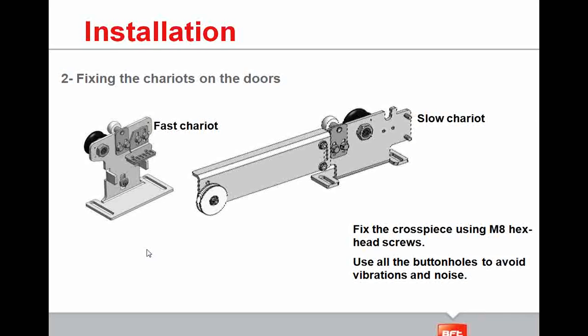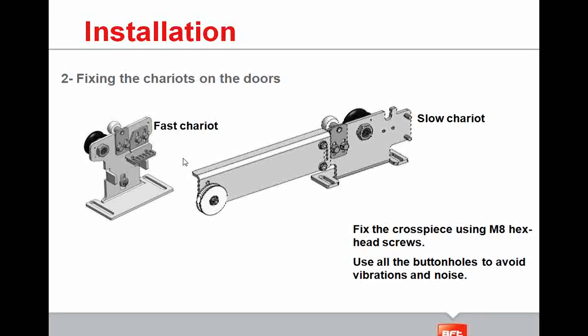Next, you must fix the chariot on the door. Here there are two kinds of chariots. One is the fast chariot, and the other one is the slow chariot. Because in the telescopic door, one leaf makes double the space of the other one. So one is the fast, and the other is the slow.